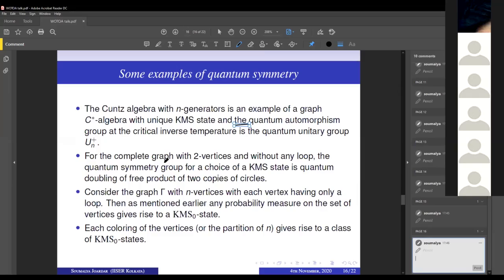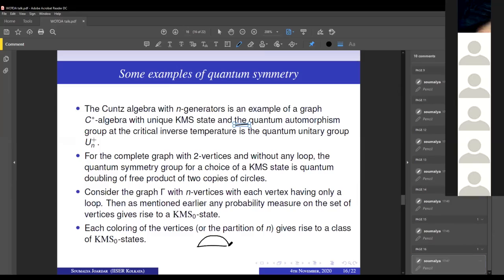And if you take the complete graph with two vertices, without any loop, then you can have a KMS state. If you take the probability measure to be half on the vertices for this particular choice of KMS state, the universal object turns out to be the quantum doubling of the free product of two copies of the circle.